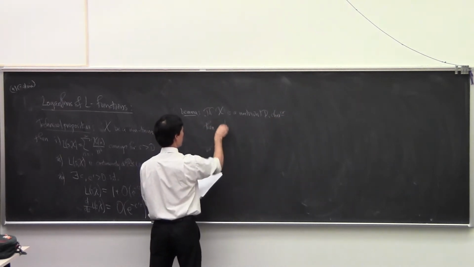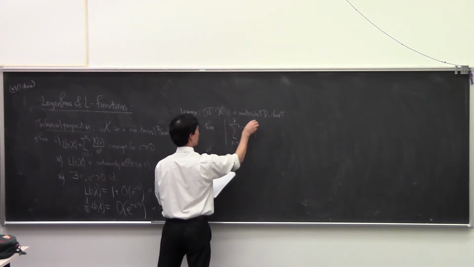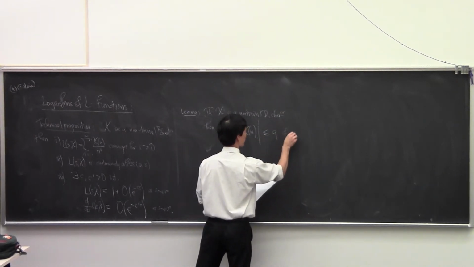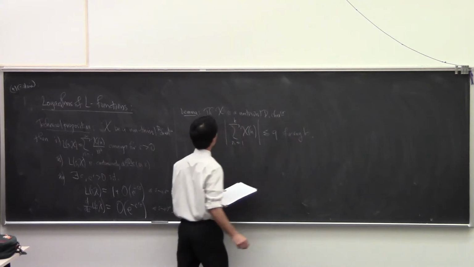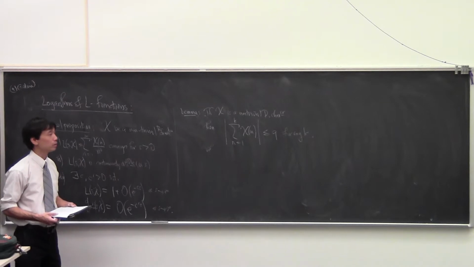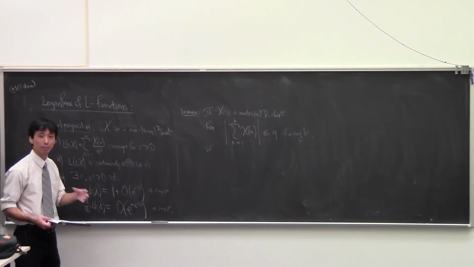Then the absolute value of the sum of chi(n) from n equals 1 to k is smaller than q for any k. So no matter how you sum it, it doesn't leave the q ball.